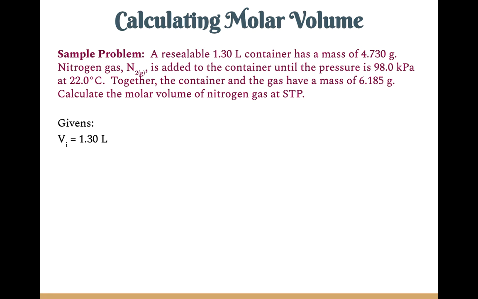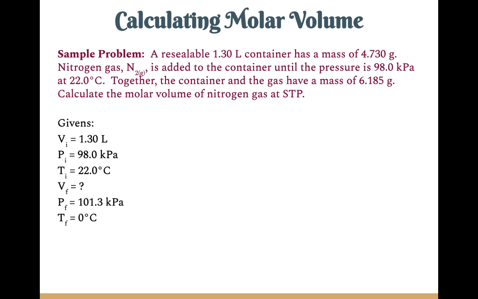First of all, the initial volume of this gas is 1.30 liters. The initial pressure is 98 kilopascals, and the initial temperature is 22 degrees Celsius. We want to find the final volume. We need to calculate a molar volume, which means we need a volume at STP. Our final pressure is our standard pressure, 101.3 kilopascals, and our final temperature is 0 degrees Celsius.